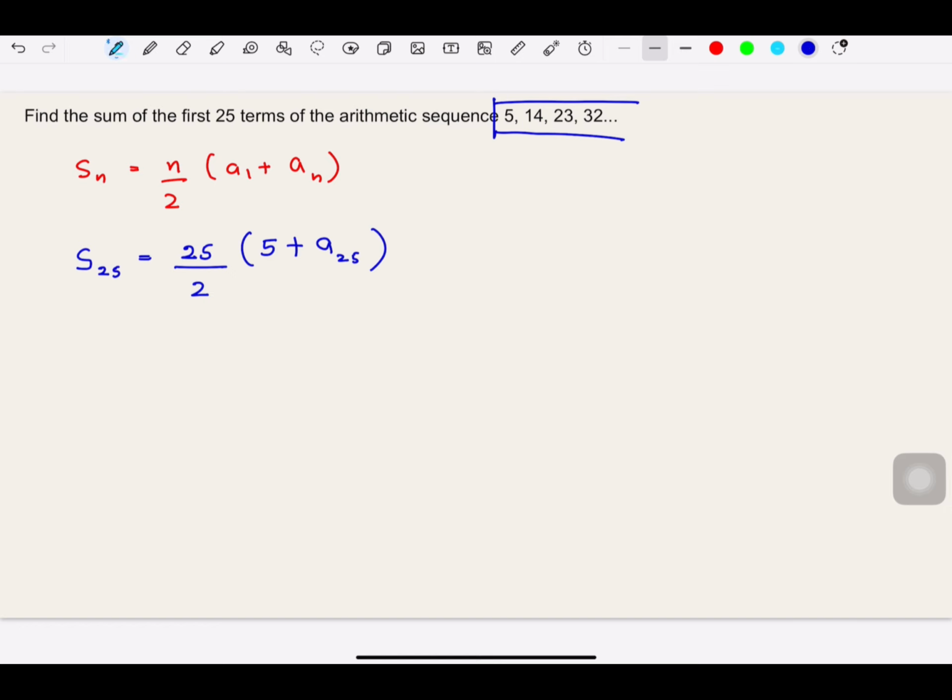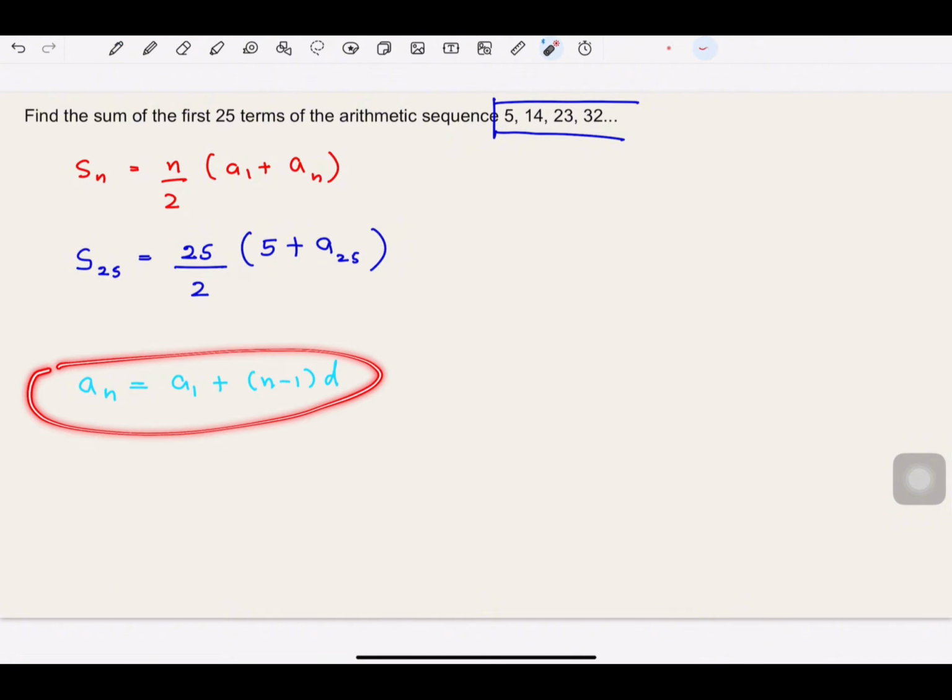To get the 25th term, I'm going to use the formula an equals a1 plus n minus 1 times d. We can use this formula to find the nth term of an arithmetic sequence. To do this, we need the common difference.